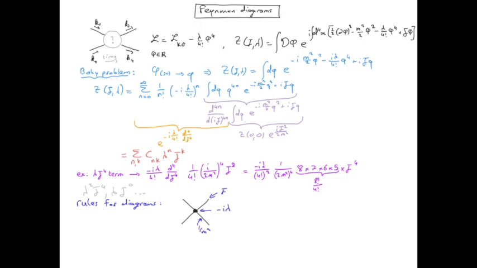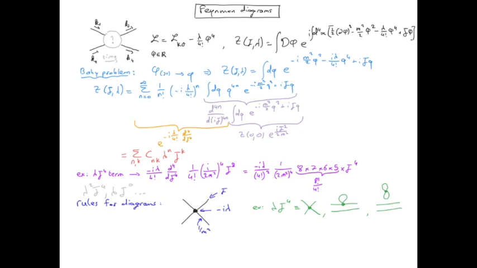So for instance, the lambda j^4 term can be written with different diagrams. We see that each of these diagrams has 4 endpoints, and therefore they will be proportional to j^4. And they also have only one vertex, and therefore they are proportional to lambda.